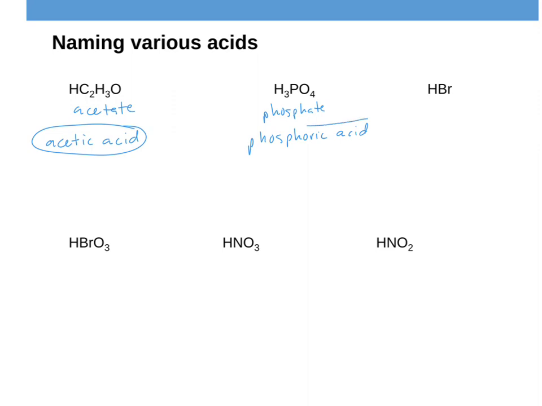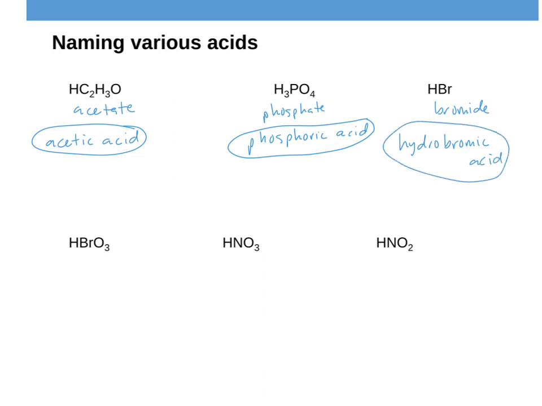Again, notice that the things that ended in ate now end in ic, and then we say the word acid. Here's HBr, right? This is your bromide. So now we have hydrobromic acid. Because it's a simple anion, now we do use hydro in front. We change the ide to ic, call it acid.